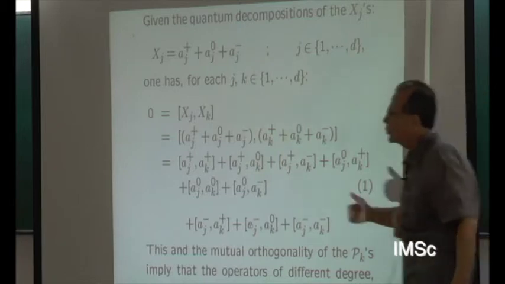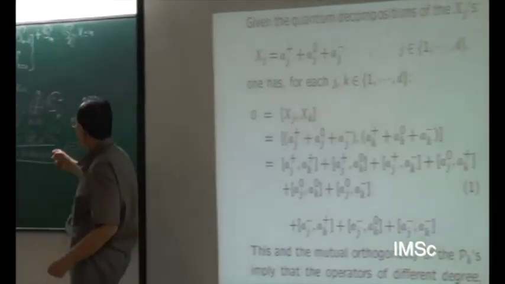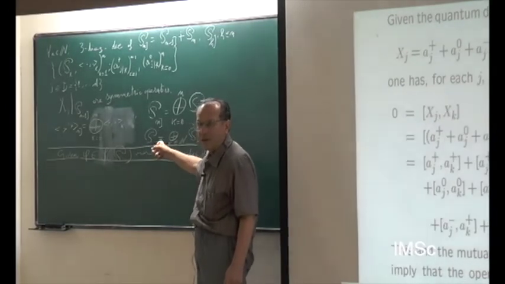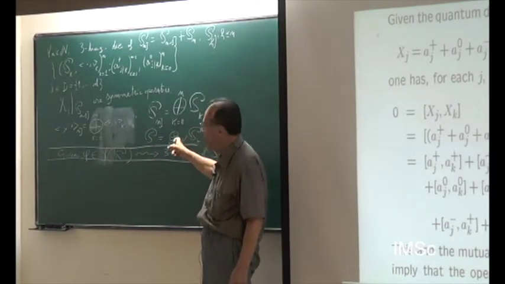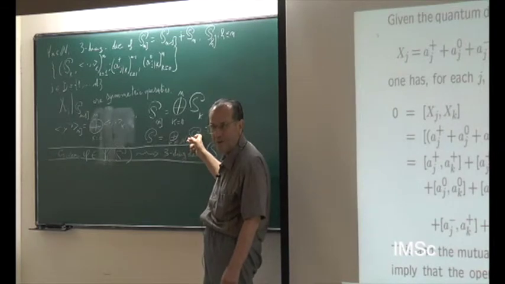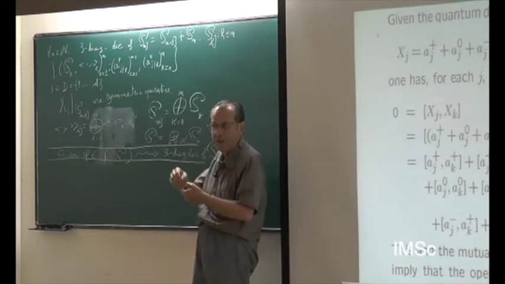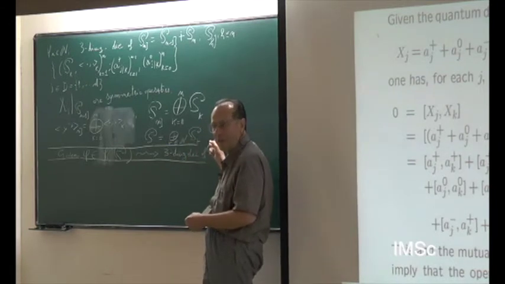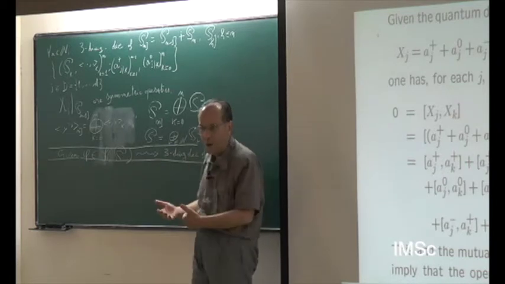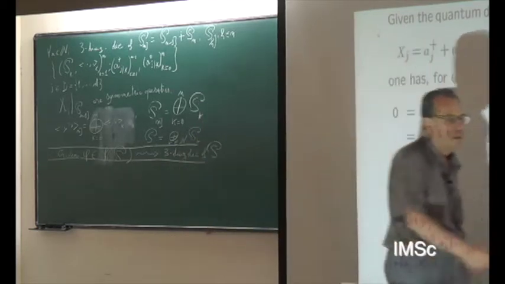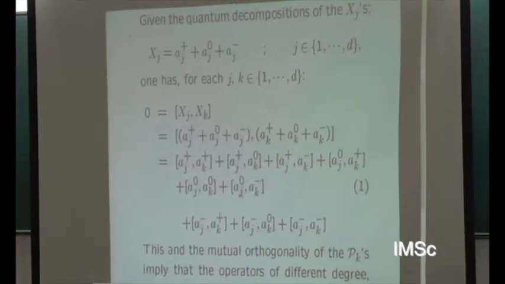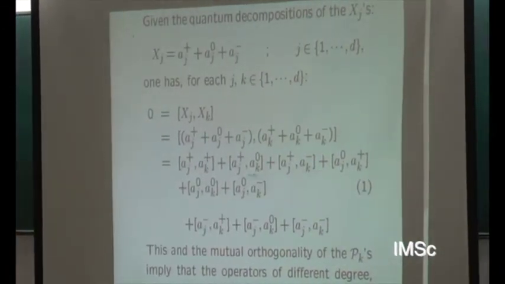When you have a gradation of any vector space, the homogeneous operators are those that preserve each space of the gradation. Then you have the operators of degree 1, which shift the space Pk to Pk plus 1, degree 2, Pk plus 2, and so on. So we have this commutator, and we can easily compute what their degree is.